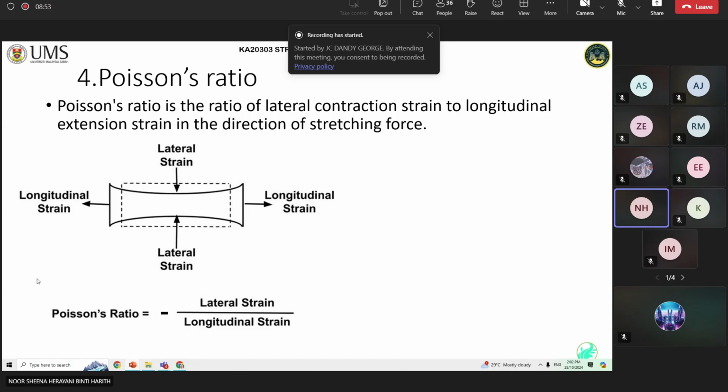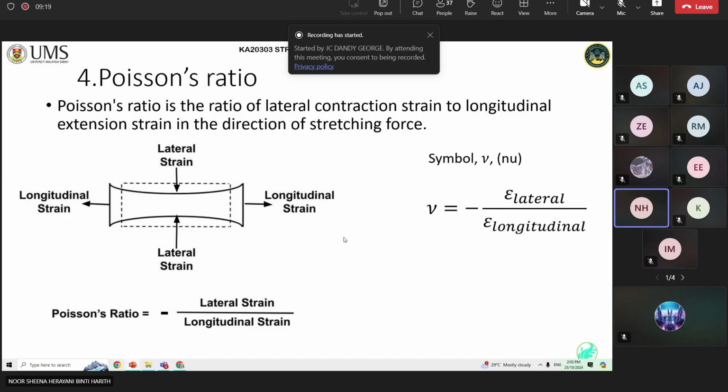Poisson's ratio is the ratio between the lateral strain divided by the longitudinal strain, and the sign convention is that we apply a negative sign.